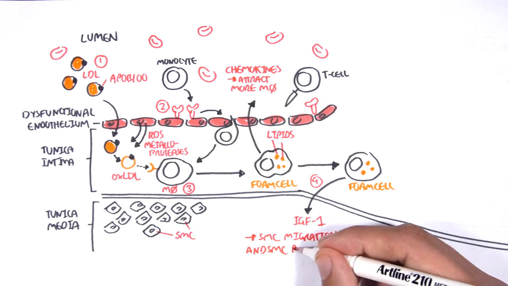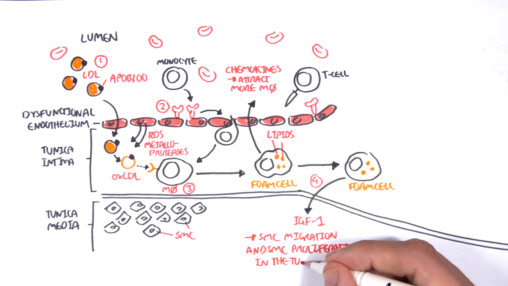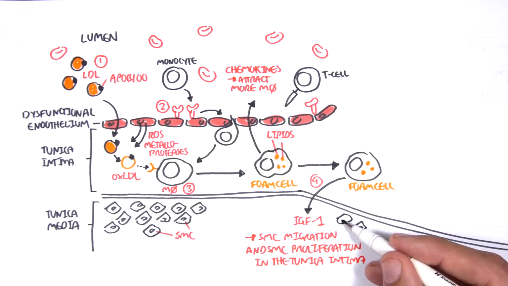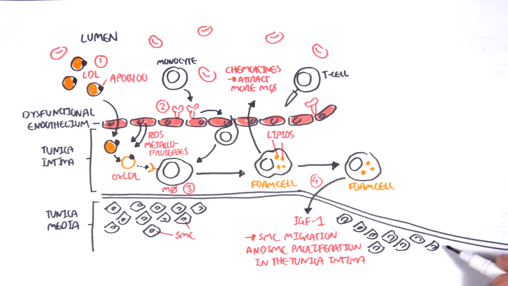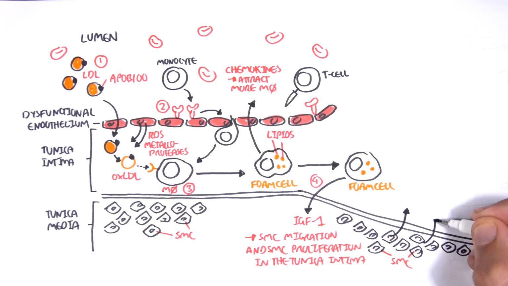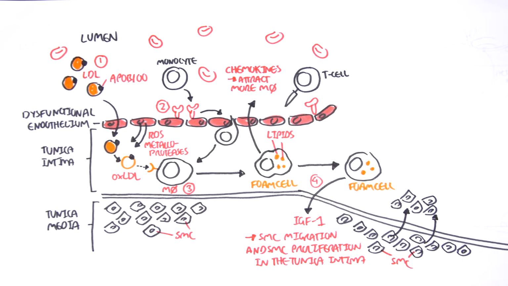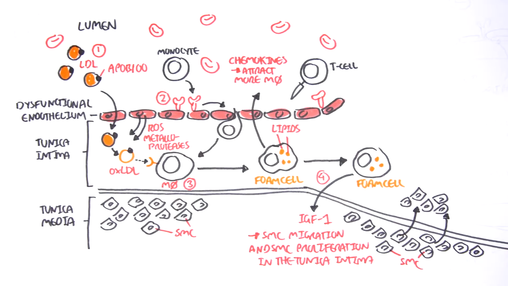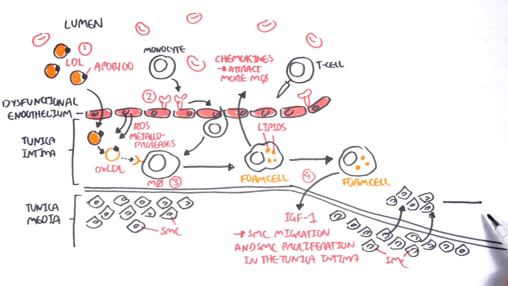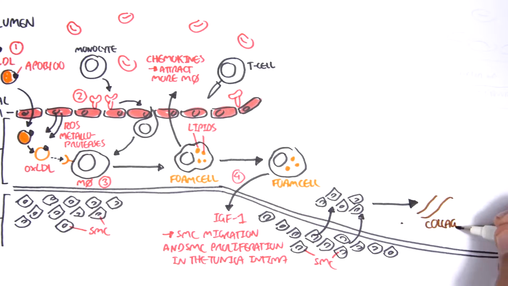And this growth factor will cause smooth muscle cells to migrate and proliferate in the tunica intima. So here we have the smooth muscle cells in the tunica media layer, and they will migrate into the tunica intima layer, and they will proliferate. And here, because we have a lot of smooth muscle cells, step 5, they make more collagen.